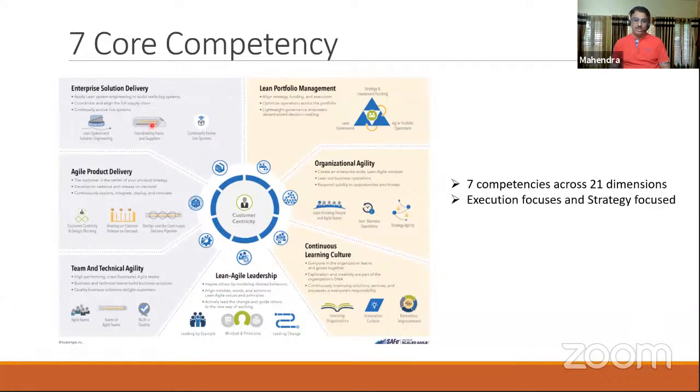The ones on the left are all execution focus: team and technical agility, agile product delivery, enterprise solution delivery. While the ones on the right side are all strategy focus: lean portfolio management, organizational agility, and continuous learning culture. And lean and agile leadership is the foundation. It's fundamental. These are the 7 core competencies that SAFe is based on.